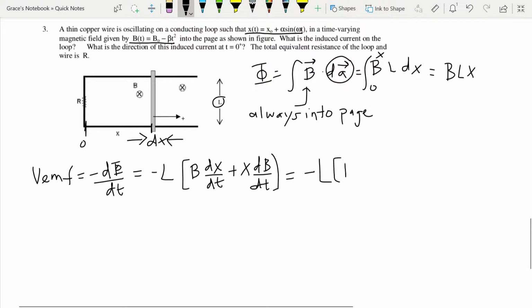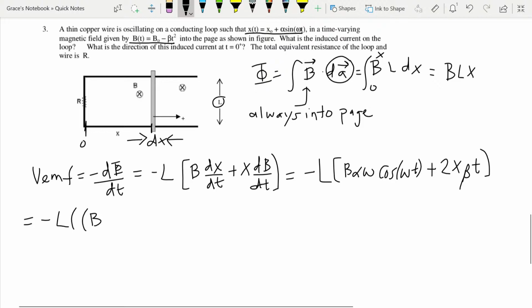So taking the derivative, dx over dt gives us alpha omega cosine omega t, and taking the derivative, dB over dt gives us -2 beta t. And it should say -2x beta t, not +2x beta t. That's a mistake. So the next line gives us -L, and then multiplied by the quantity.